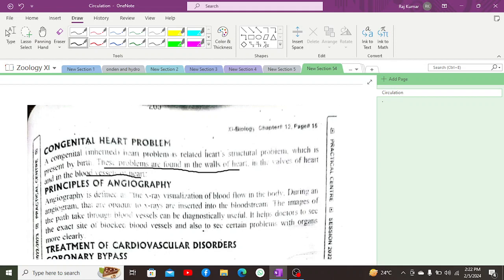Apart from which, another similar condition is patent ductus arteriosus. In the embryonic stage, there is also a duct which connects the pulmonary artery directly with the systemic aorta.